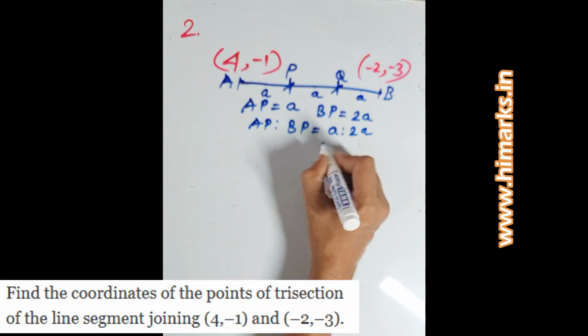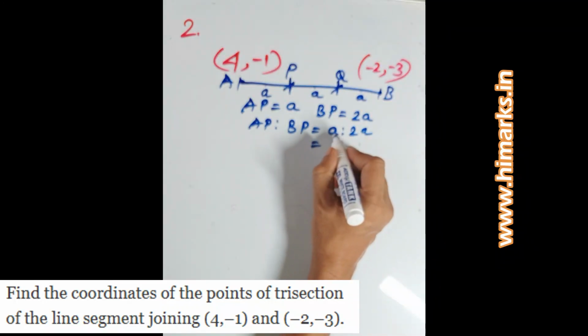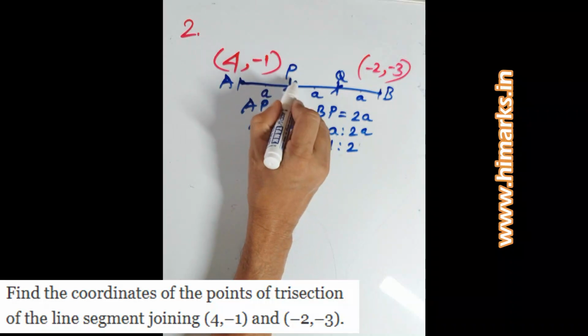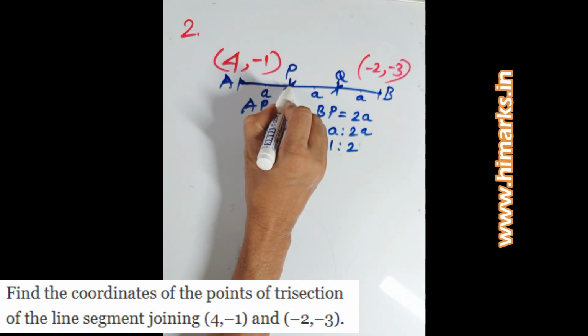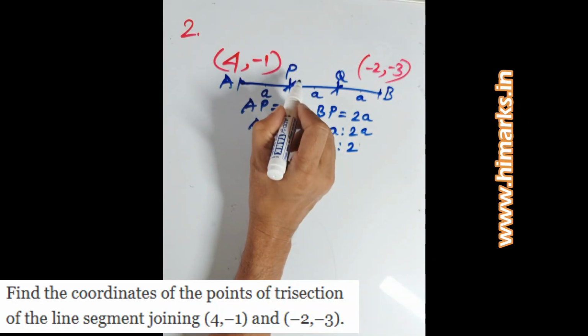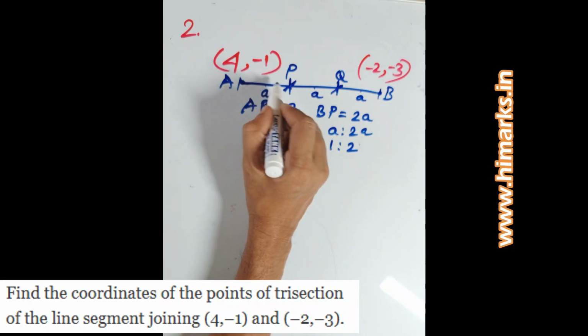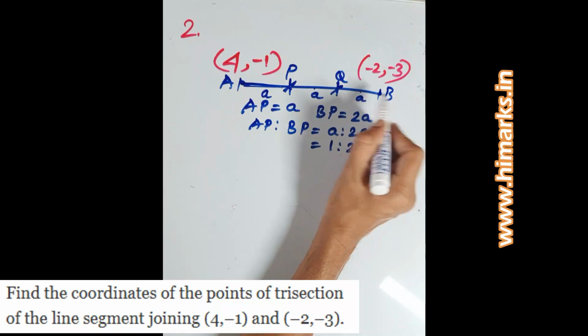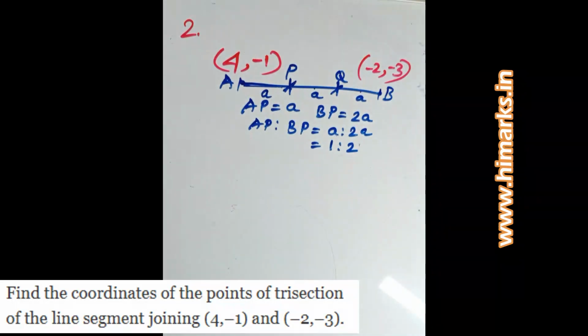If a cancels out, it becomes 1:2. That means for point P, we divide with the section formula in a 1:2 ratio, this part is 1 and this part is 2, then we will get the answer.